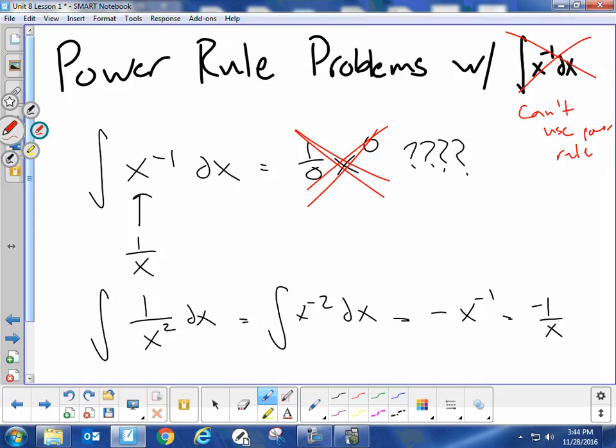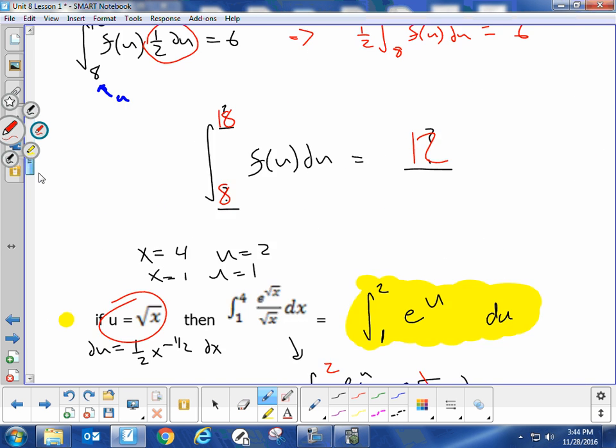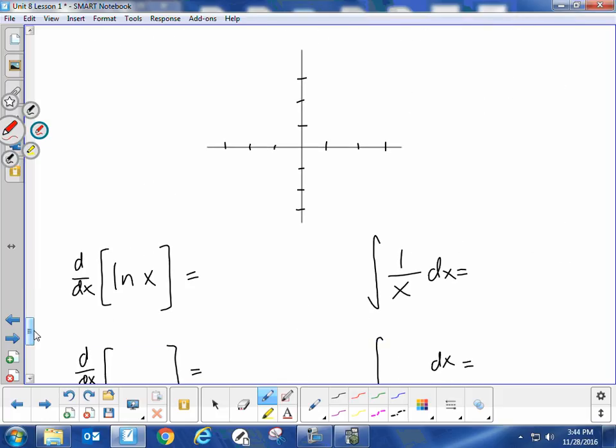Okay? The way we remember what its antiderivative is, we recall the derivative of the natural log function. What was the derivative of the natural log of x? 1 over x.